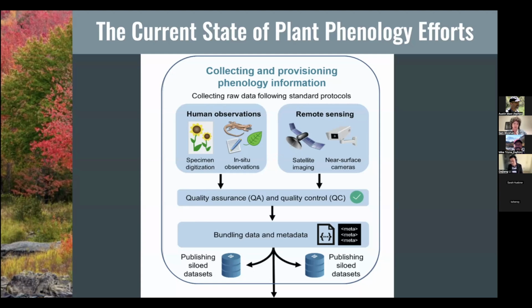With the digitization of specimens, we have lots of potential data there. On the other hand, we have remote sensing data from satellite imagery and also PhenoCam, for example. So that's largely the two types of phenological data we have. And here, I would mostly focus on the human observation data.